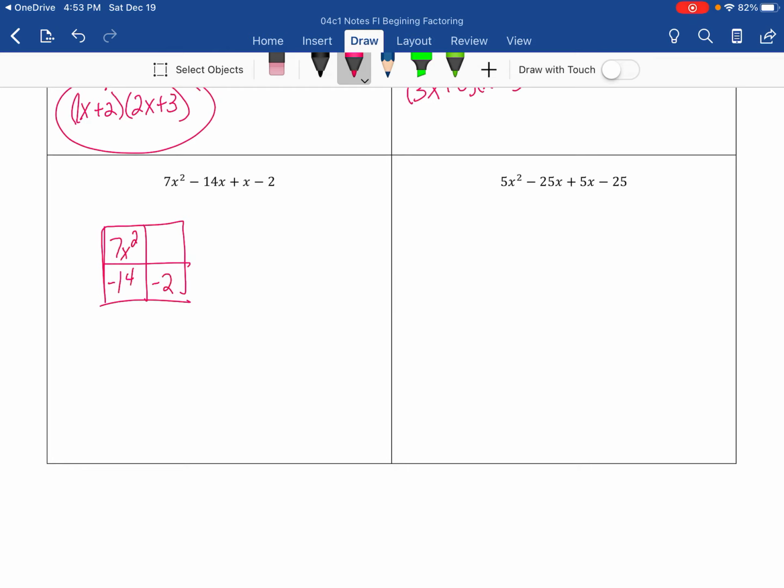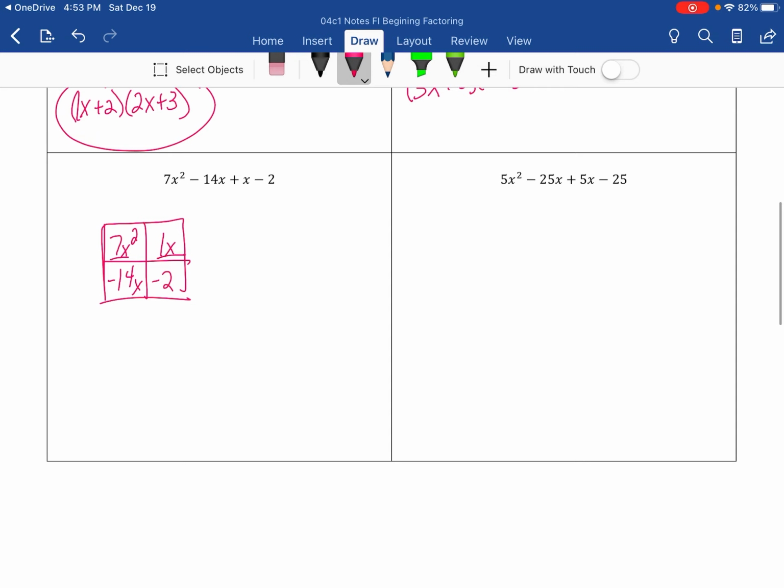So I have my 7x squared, negative 2, negative 14x, positive 1x. Okay, my greatest common factor here is just going to be x. Now this is one that we haven't done. When it's a negative, you factor out a negative.